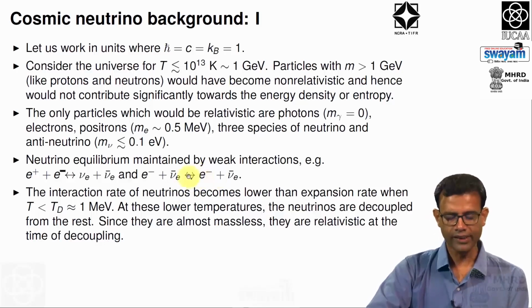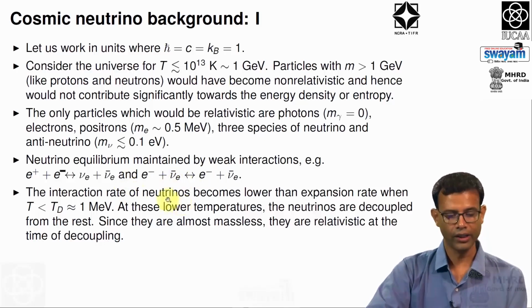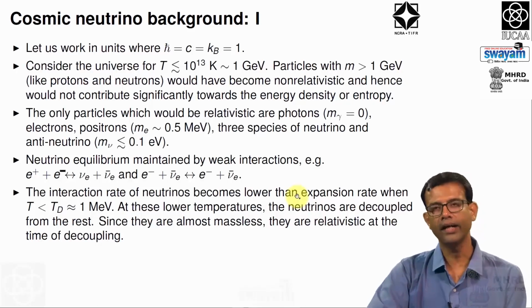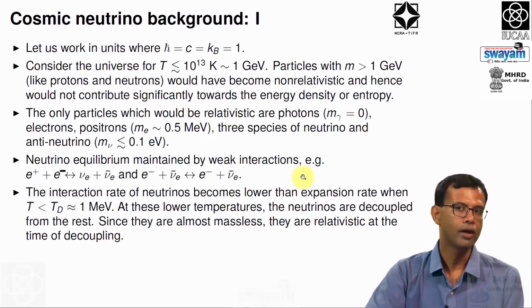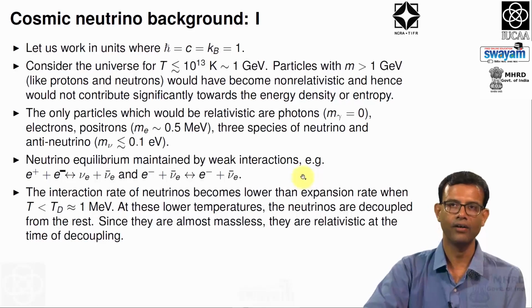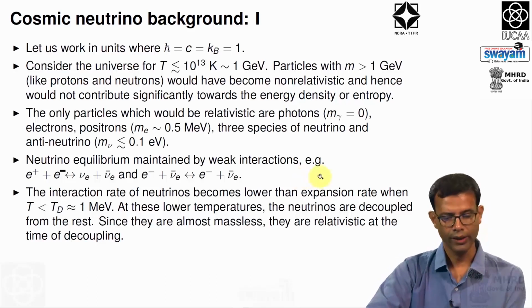So, as the universe expands, the interaction rates of the neutrinos with the other species become lower, and at some point they become lower than the expansion rate, such that they hardly interact. Okay? You have to wait till the age of the universe for one interaction. So, for all practical purposes, they have become free, they do not interact anymore.